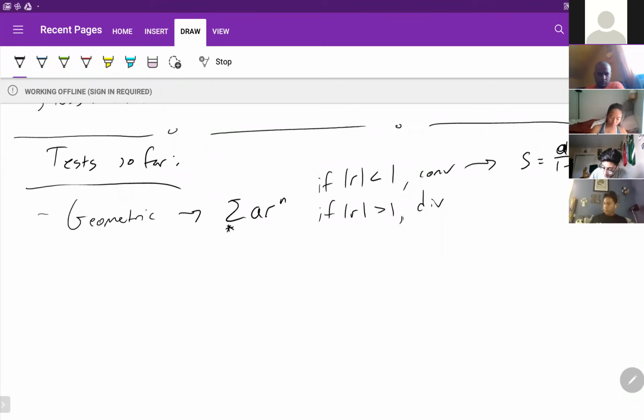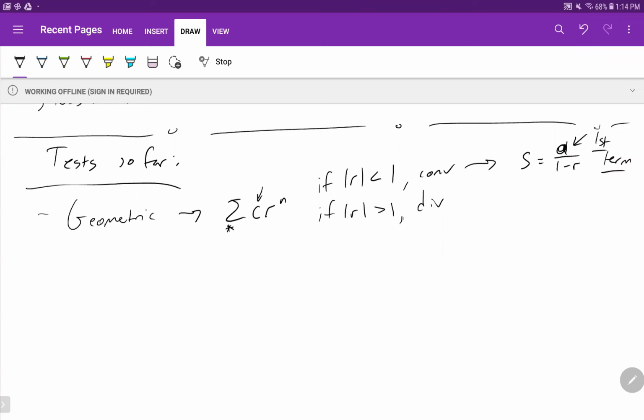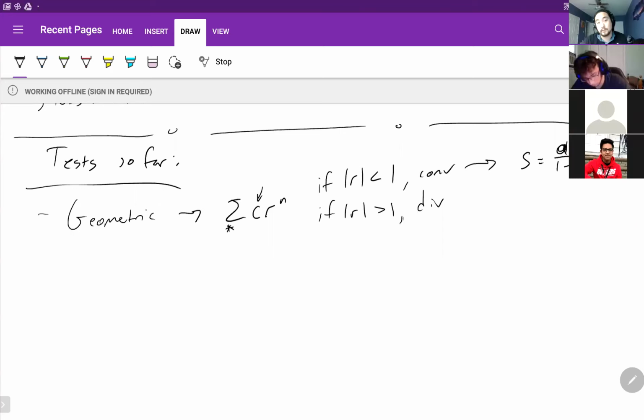Some books you see, because this isn't always A, right? We talked about this last class, so always pay attention to that. That's geometric series. It's the one that tells you what the series actually converges to, if it converges, and it's the only one that does that. The next thing that you learned was the nth term test, or the divergence test.